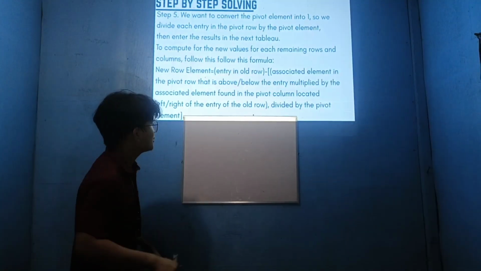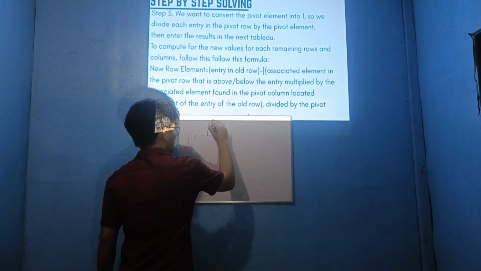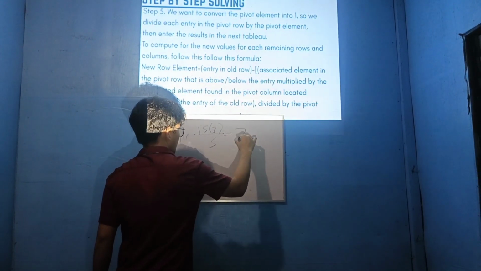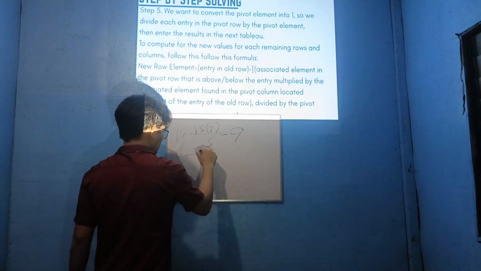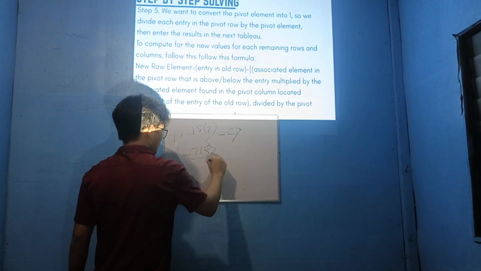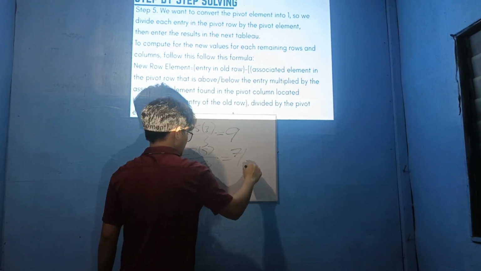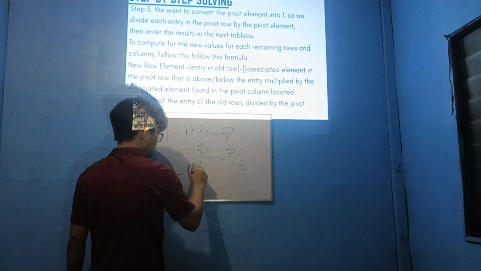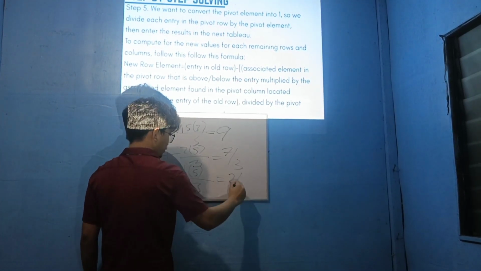In step 5, 16 minus 15 times 3 over 3 is equals to 9. And 4 minus 2 times 5 over 3 is equals to 7 over 3. And 4 minus 1 times 5 over 3 is equals to 2/3.